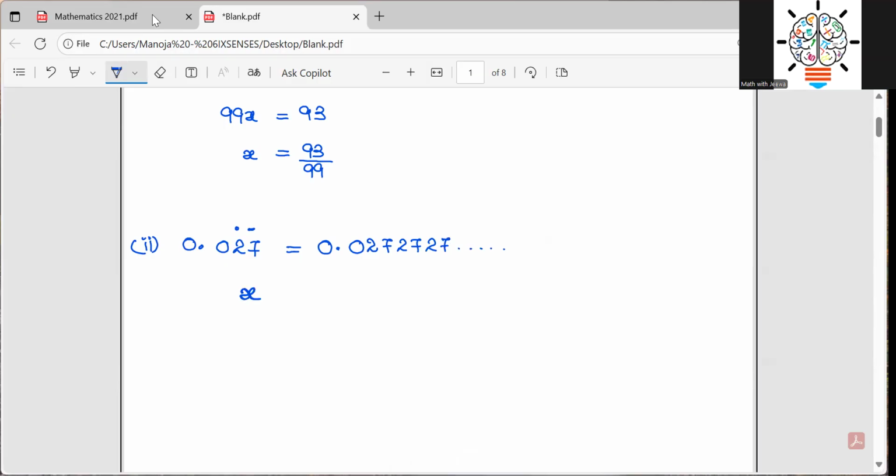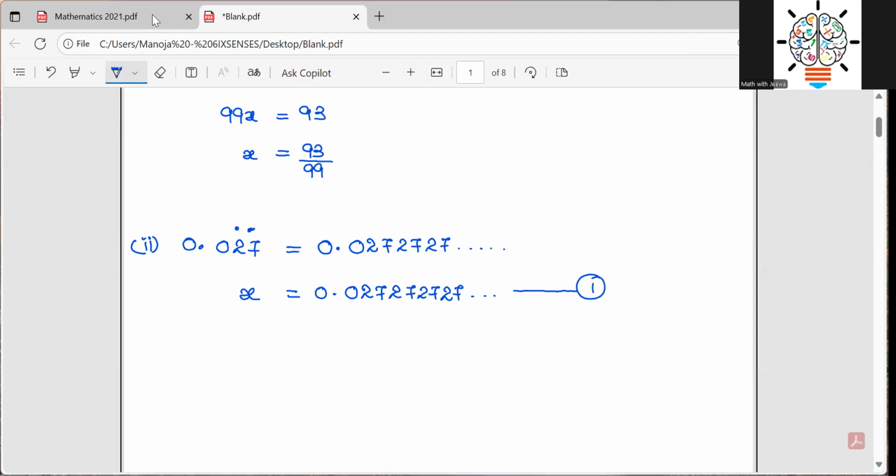I name it as x, 0.02727..., and I number it as equation 1. Now, children, you might think here also that we have 2 digits in the recurring cluster, therefore I should multiply by 100.